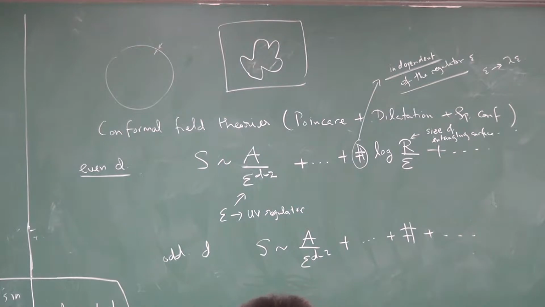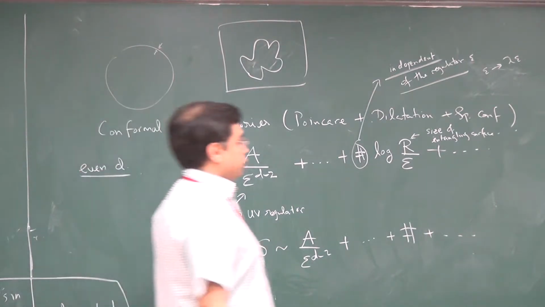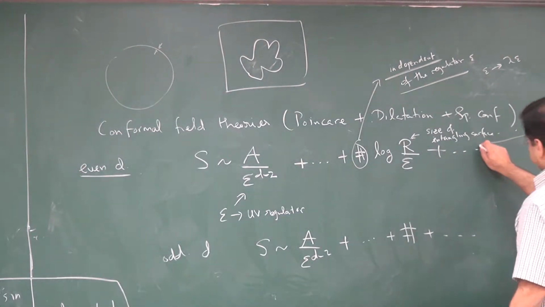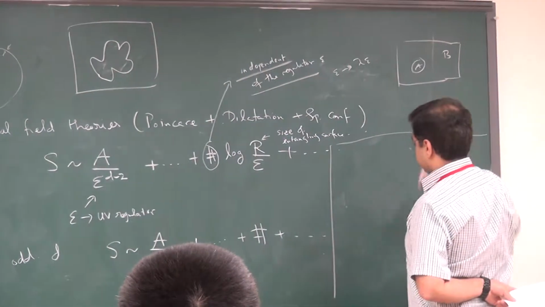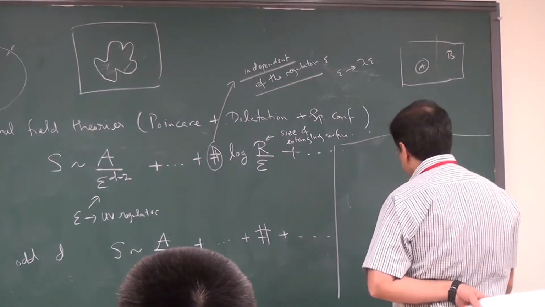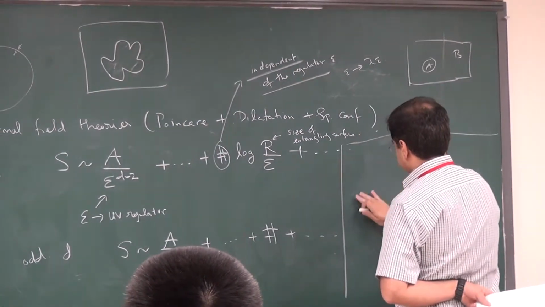So till now, the story is, as I told you, that we are talking about entanglement entropy, and entanglement entropy was defined in a certain way. It's von Neumann entropy. The idea is that you're dividing space-time into two regions, and then you're tracing out one of the regions. There are two things that I wanted to focus on.